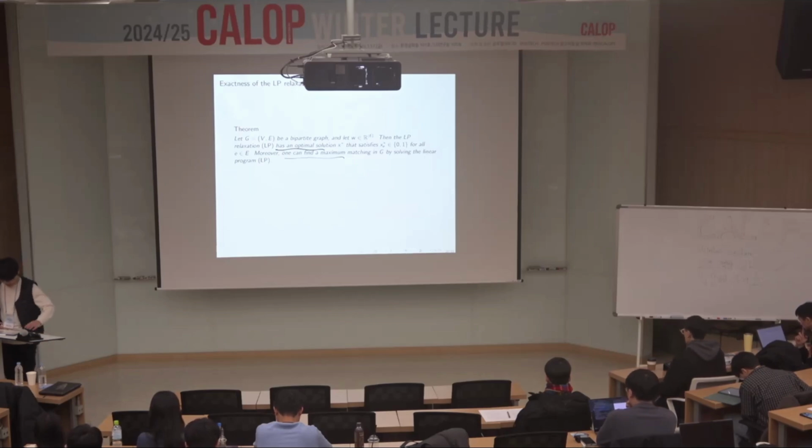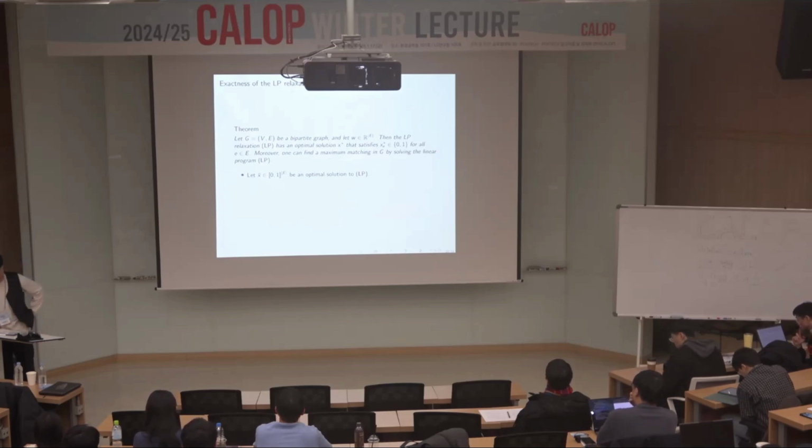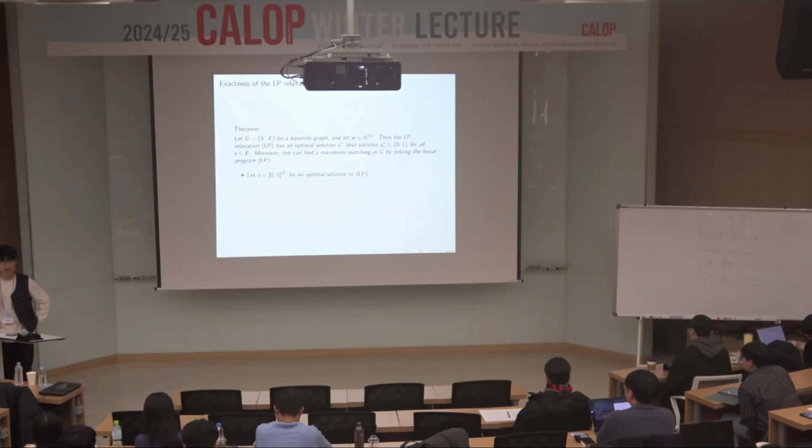All right. Okay, let's go over the proof. Let's say I have an optimal solution, x bar. So a black box algorithm gives you an optimal solution. But the issue again is that it can take fractional values.